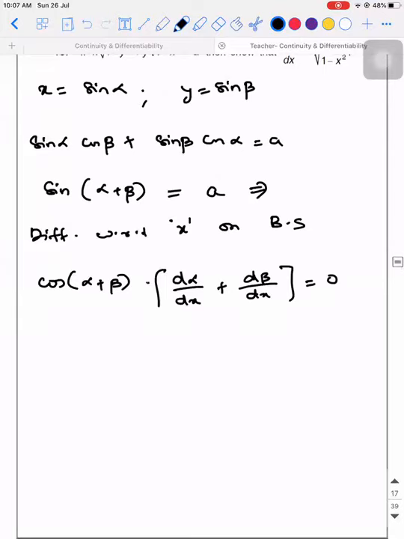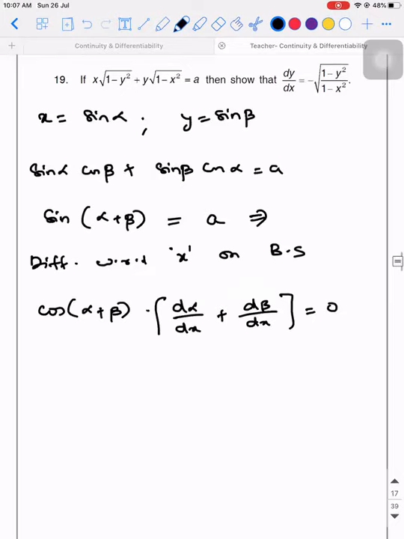So sine alpha plus beta is a, what will be cos alpha plus beta, that we will think. Now what is d alpha by dx? dx by d alpha is cos alpha, dy by d beta is cos beta. Oh, here we have two variables.